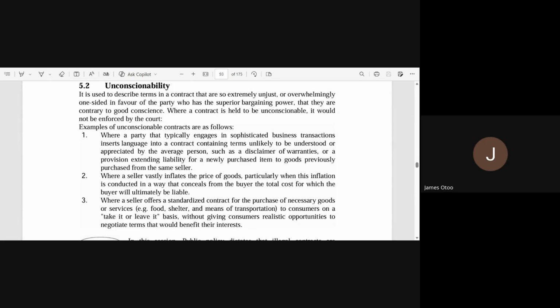Now, if you are looking at unconscionable contracts, we are saying that that contract is unjust. That contract is one-sided. That contract is too harsh on the other party.